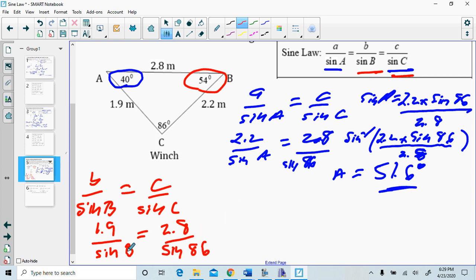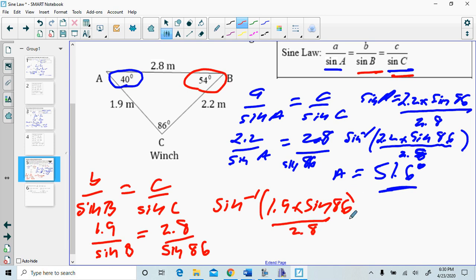So we'll solve for sine B. Okay, so I'll just go ahead and put the second function right away this time just to save some space. So we have 1.9 times sine of 86 all over 2.8. And this will give us an angle for B.